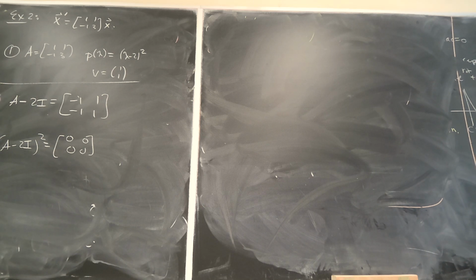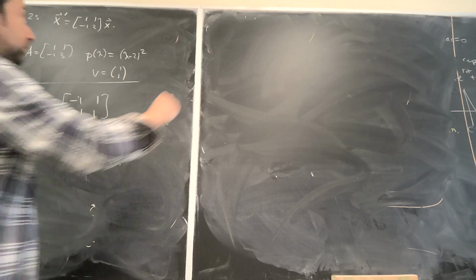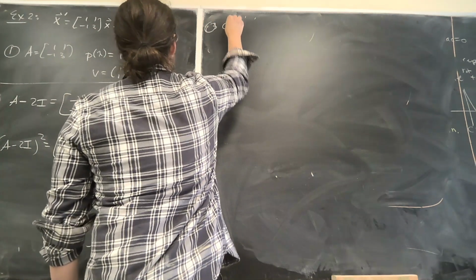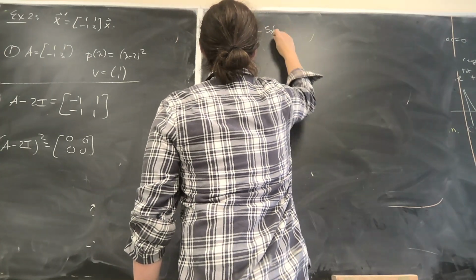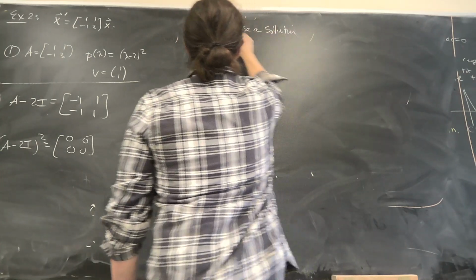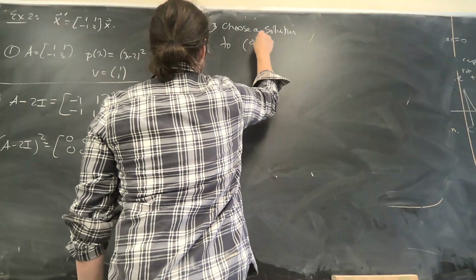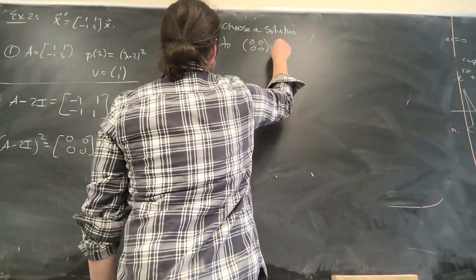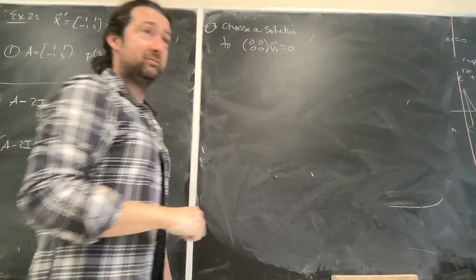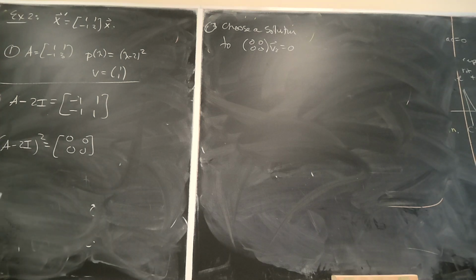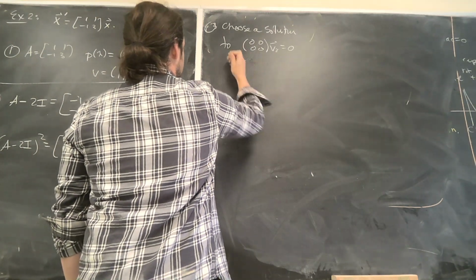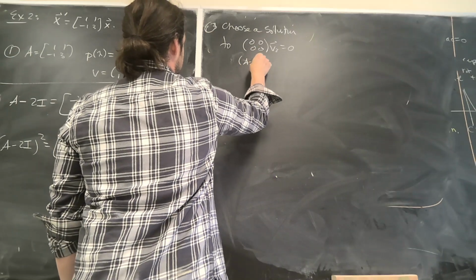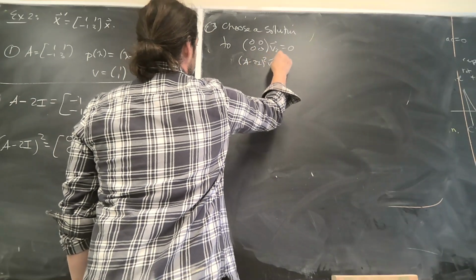In step 3, we are supposed to choose a solution v2 to A minus 2I squared v2 equals 0.